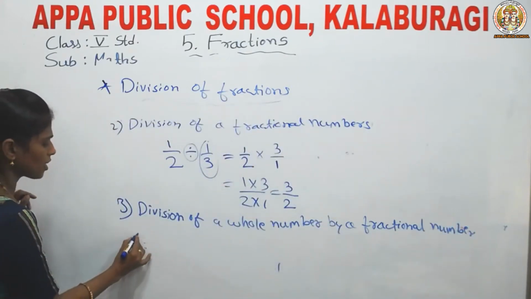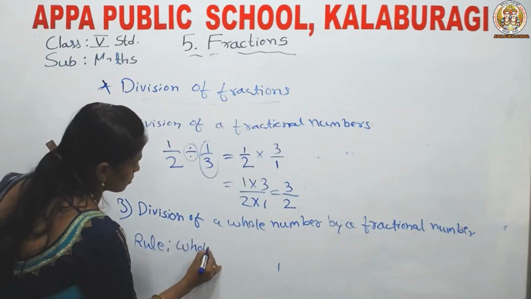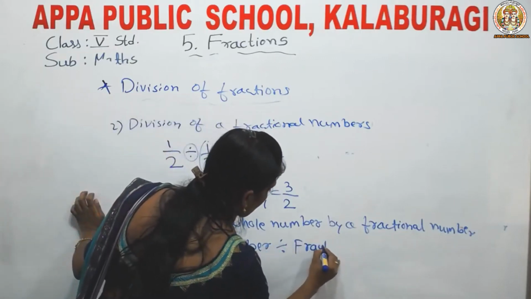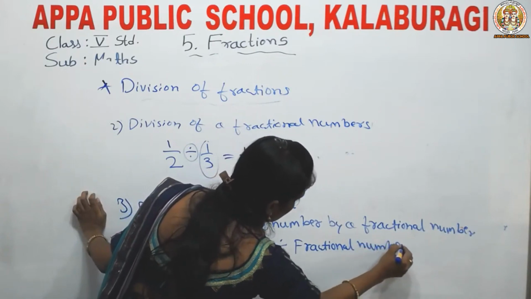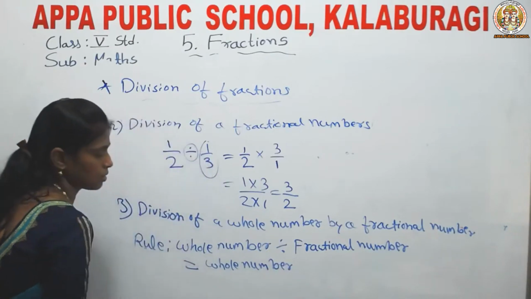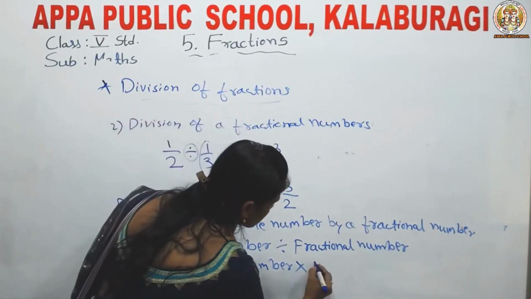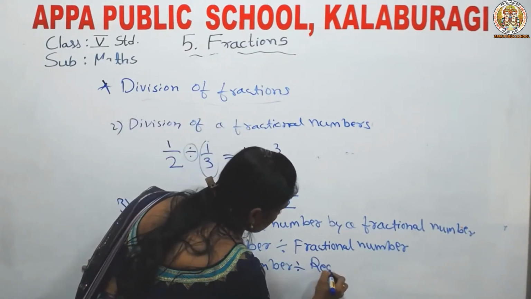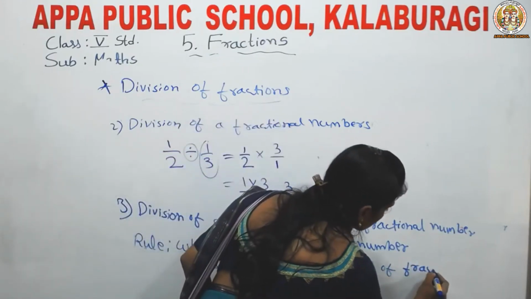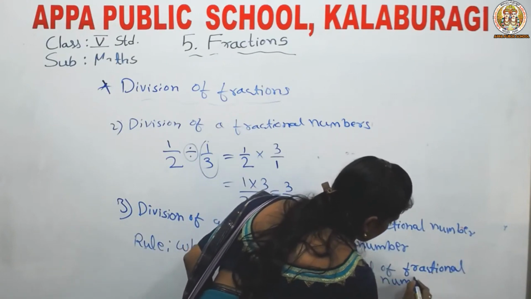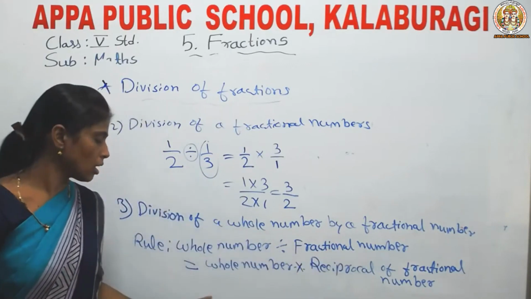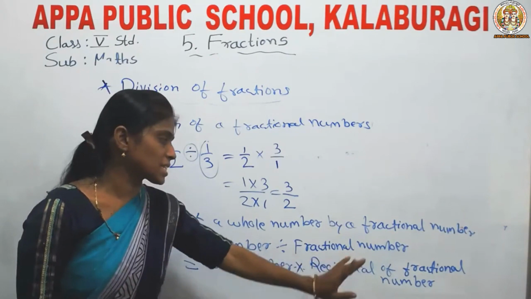Here also there is a rule. Whole number divided by fractional number is equal to the whole number as it is, then the multiplication sign and the reciprocal of the fractional number.